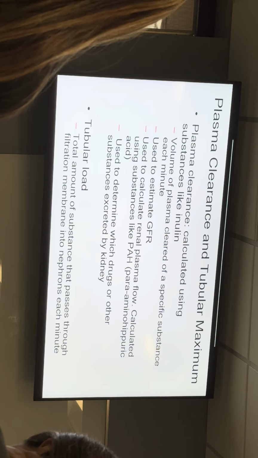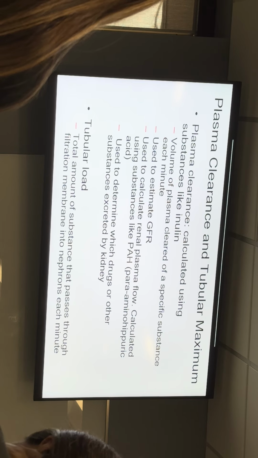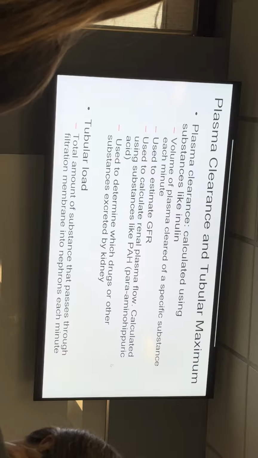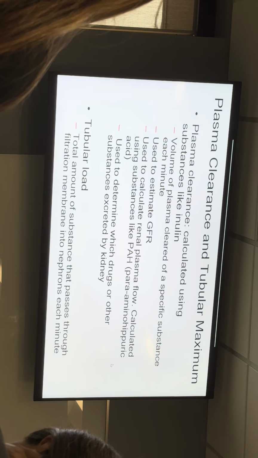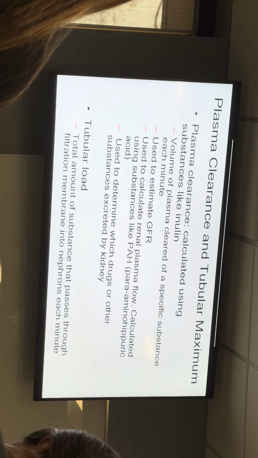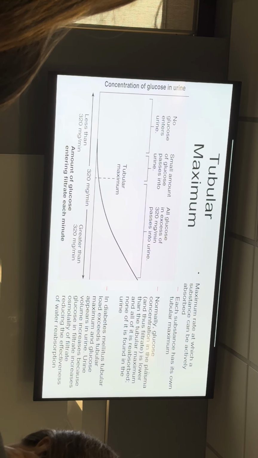We give you a drug, a marker of some sort, either PAH, which is para-aminohippuric acid, or another one called inulin, and there are others. You consume those drugs, they go into your body, and then you pee them out, and they collect your urine and see how quickly you pee them out. Okay, and then tubular load is the total amount of substances that pass through the filtration membrane each minute. And then you're going to have a tubular maximum, which is the amount you can reabsorb.